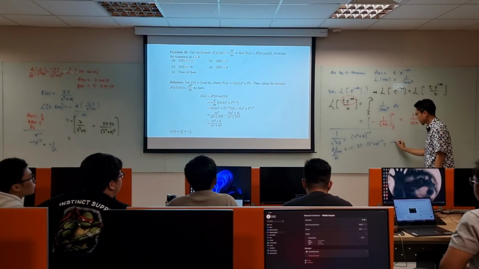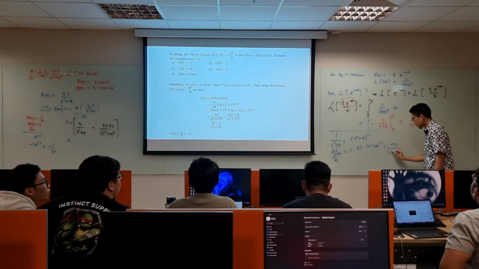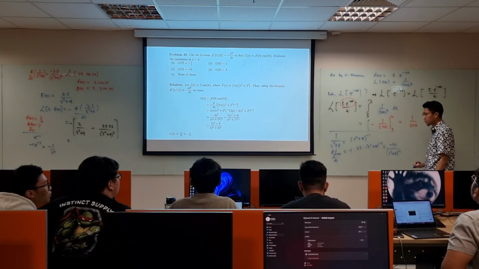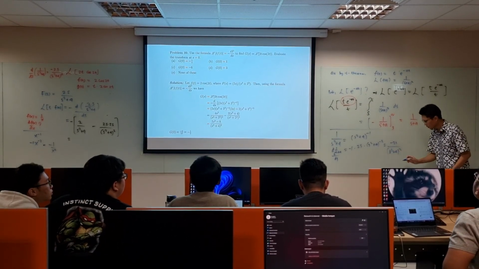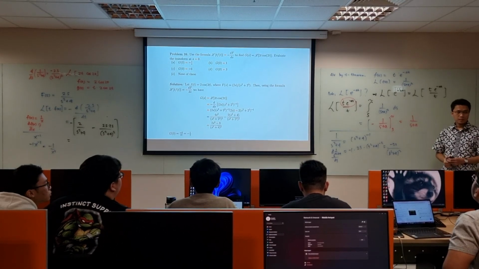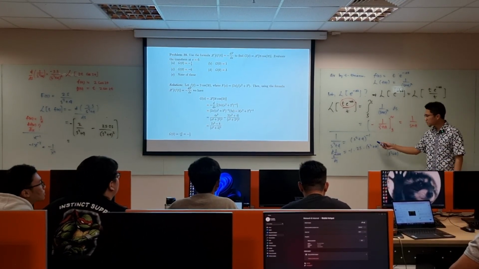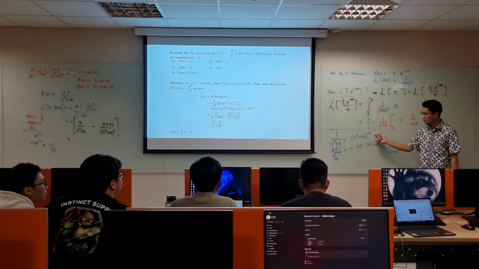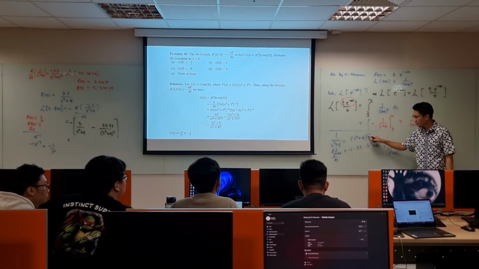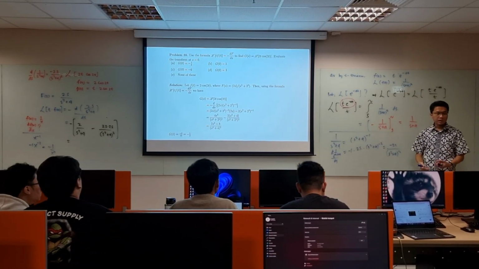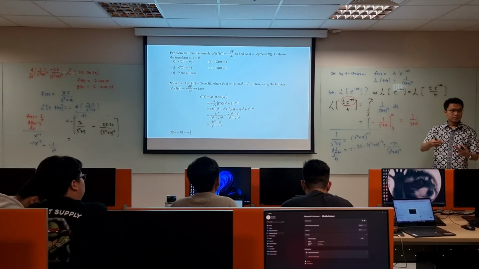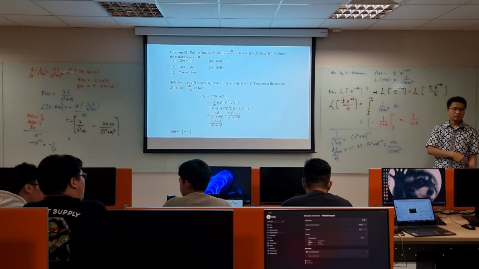So it becomes -2s over that squared. It's -2 because you have -1 in here. You take -1 here and then it becomes -2. Every time you differentiate, the power becomes less and less.